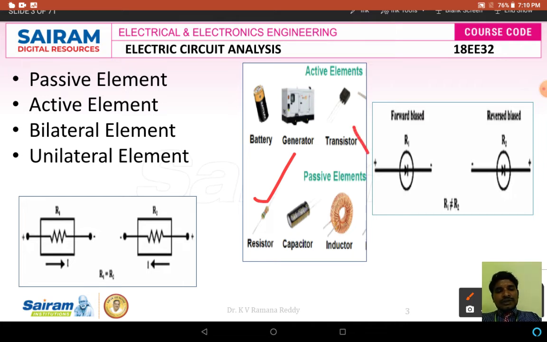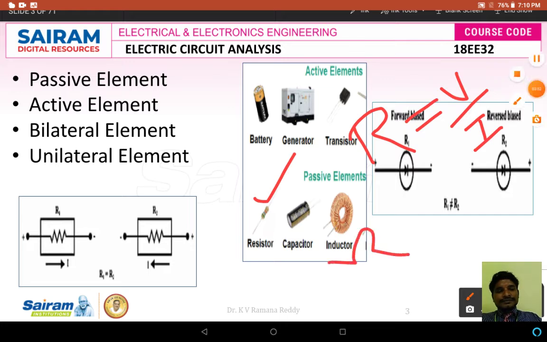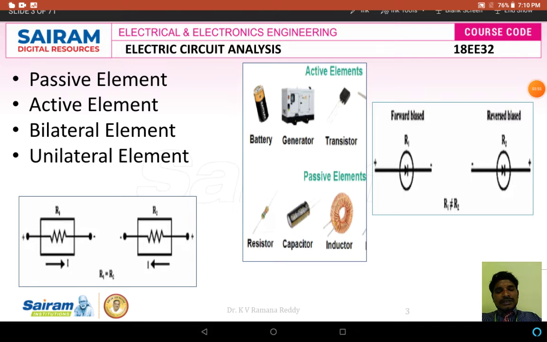According to Ohm's law, R is equal to V by I, and the unit of resistance is ohms. The resistance of a given material depends upon the type of the material. Similar to the resistor, another passive element is the capacitor. A capacitor is also a passive element because when current is flowing through it, it stores energy in the form of an electrostatic field.